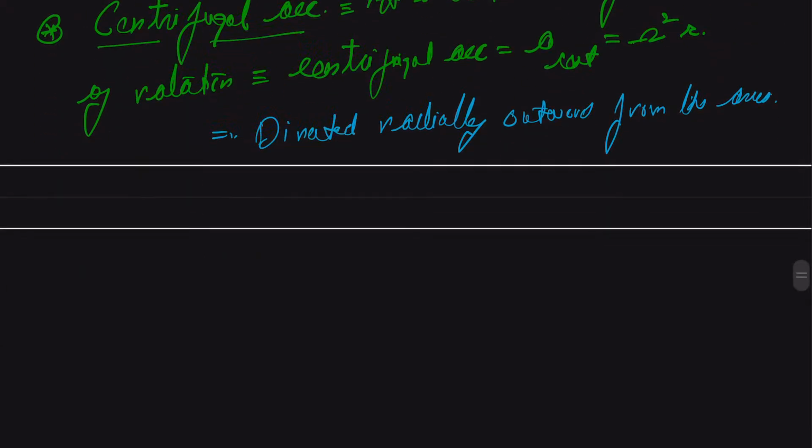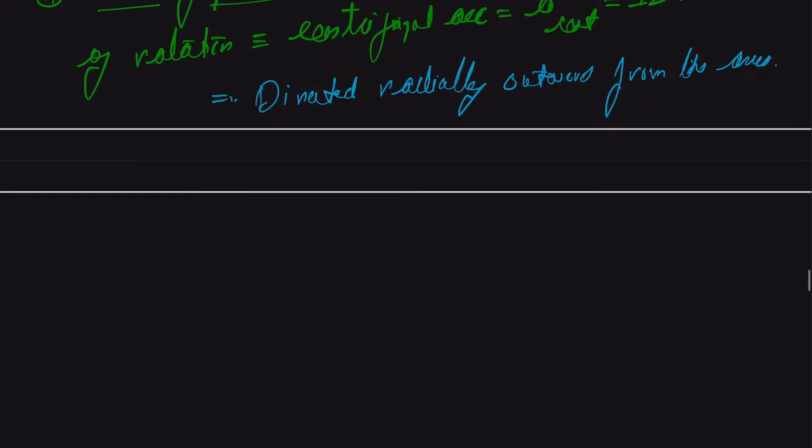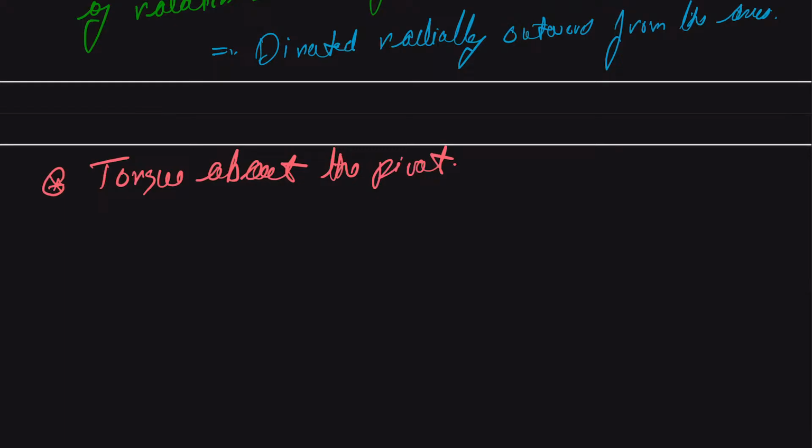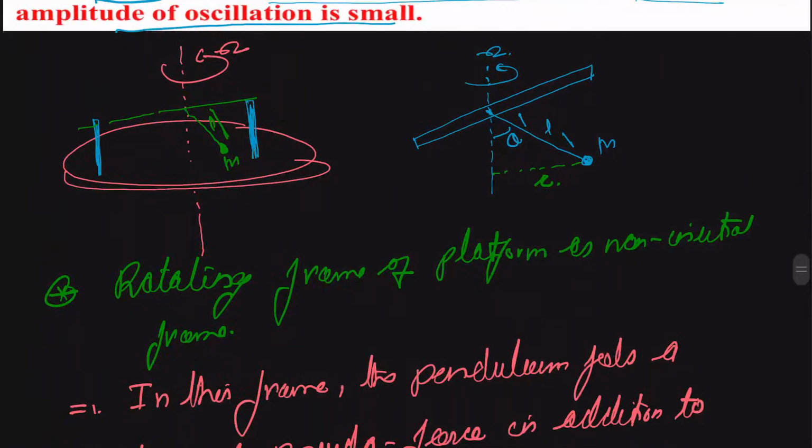And now we come to the torque about the pivot. Like I said, there is a small angle theta, so we are going to have mg in the downward direction, and so there will be a restoring force.